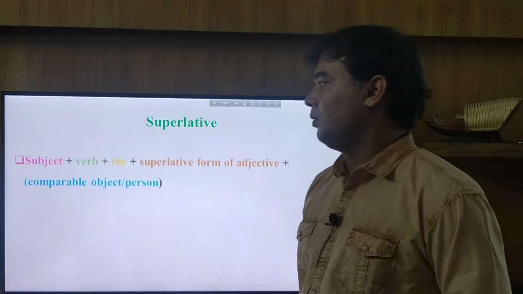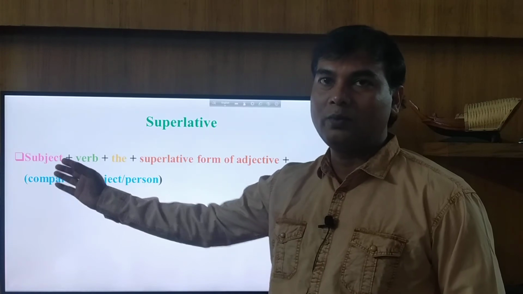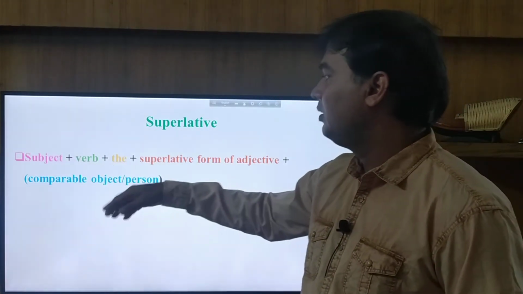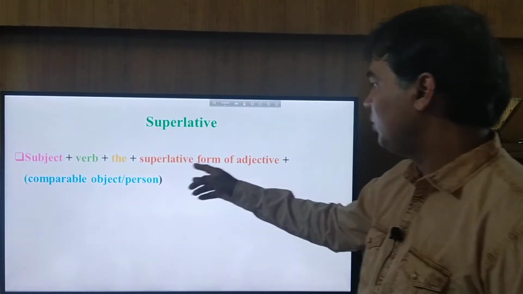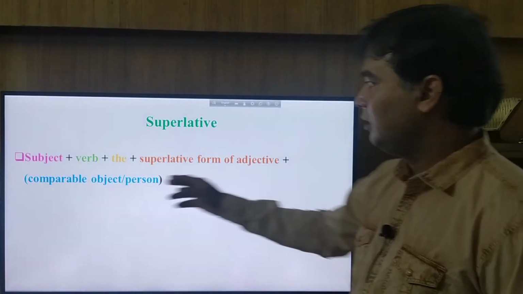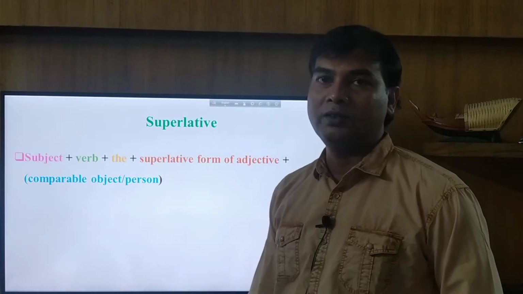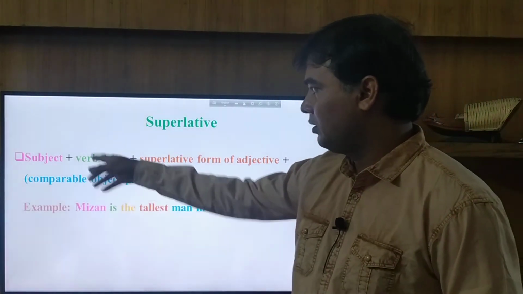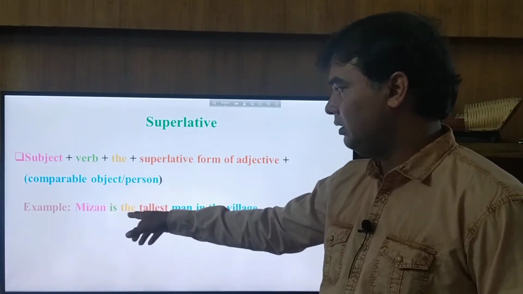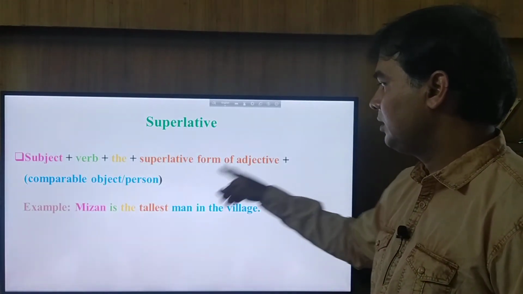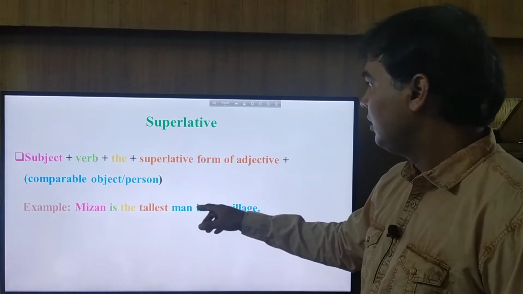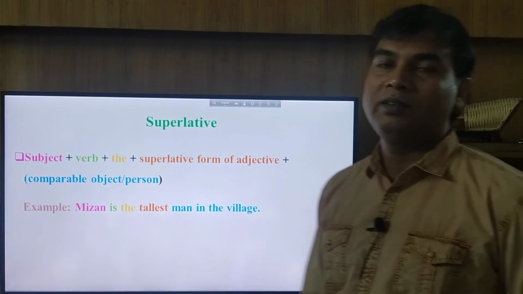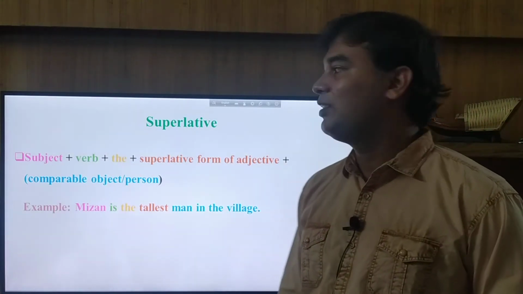Now, superlative form. This is the basic structure of superlative form. First of all, subject, then verb, then "the", then superlative form of adjective, then comparable object or person. For example, Mizan, subject, then verb "is", then "the", then superlative form of adjective, tallest, then comparable object or person, man in the village. I think this is very easy.